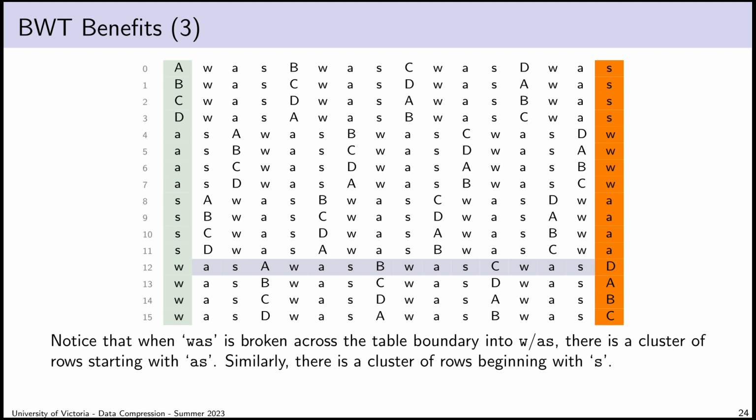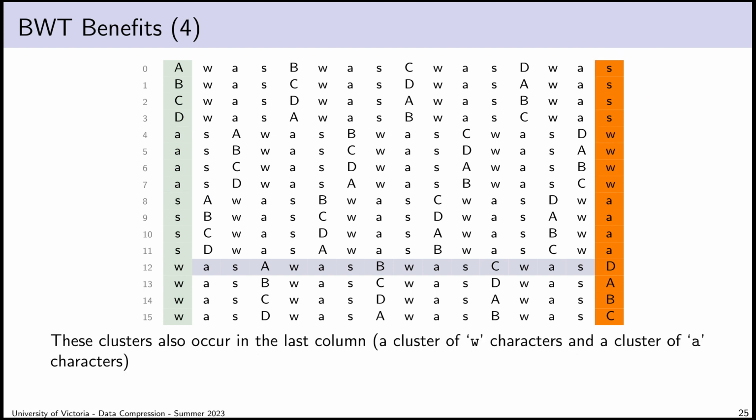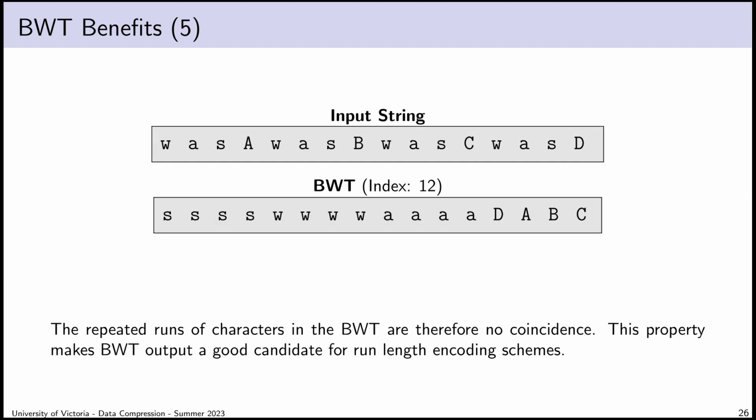So when I break that word WAS across the table boundary into W at the end and AS at the beginning, all the strings beginning with AS get sorted together in my matrix, and that means all the W's are together, which means when I take the BWT, which would be this, the last column, I can use RLE. And so this clustering behavior is, I think, the ingenious factor that makes the BWT so powerful when combined with an actual compression technique. Because remember, the BWT itself isn't compression, it's a transformation.